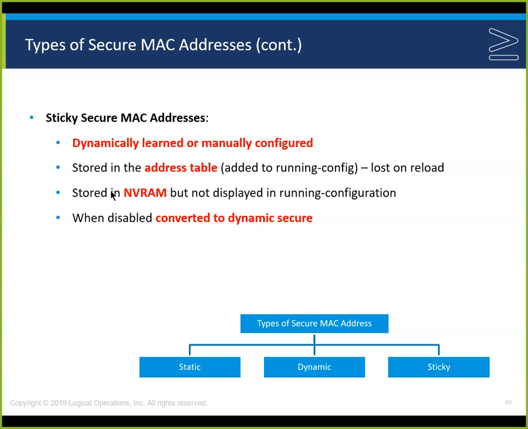Types of secure MAC addresses: dynamically learned, manually configured, and sticky, stored in NVRAM and displayed in the running configuration file. Not persistent means it's not saved, yes, if I hadn't made it sticky.